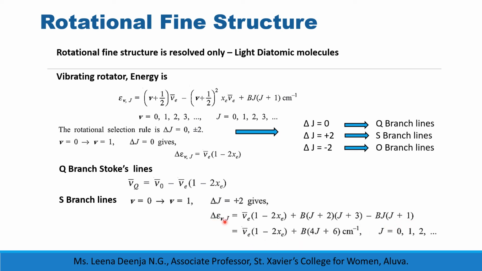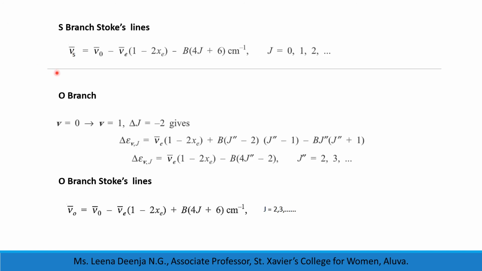So here the total energy change equals nu bar E into (1 minus 2xe) plus B into (4j plus 6) centimeter raised to minus 1, where j equals 0, 1, 2, 3. Therefore, the frequency of the S branch Stokes line is nu bar S, equal to the original frequency nu 0 bar minus the change in frequency. So it is equal to nu 0 bar minus nu bar E into (1 minus 2xe) minus B into (4j plus 6) centimeter raised to minus 1, where j equals 0, 1, 2, 3, etc.